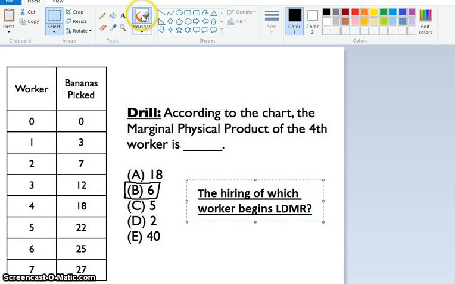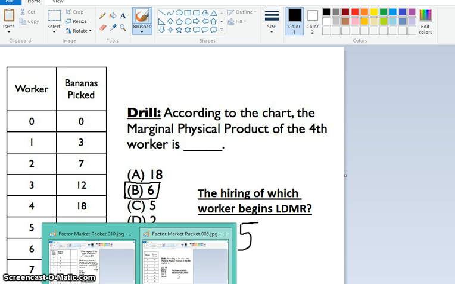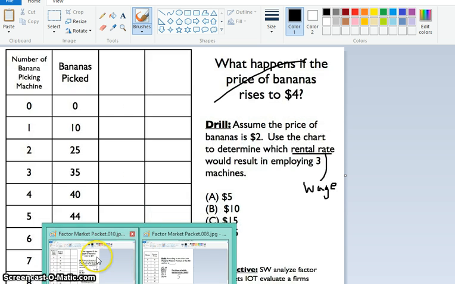Again, the correct answer, I will tell you, is the fifth worker. I don't want to write this, but I'm going to. The fifth worker. If you're not sure why, again, it's on you to find out. You can text message me, Edmodo message, whatever. But that is the answer. So it's your job to problem solve if you're not sure.